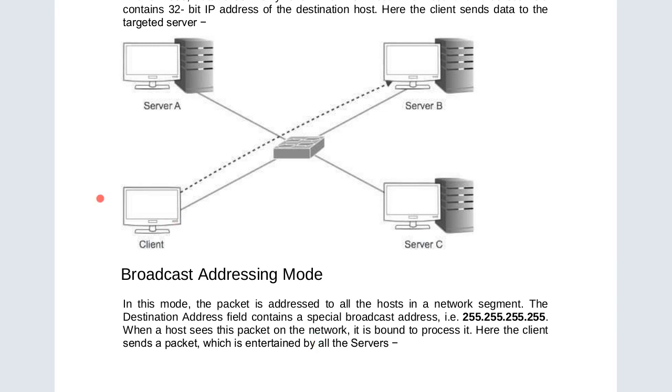Now, if this client machine wants to send a message to all the other machines on the network, this client machine will send a message that is called a broadcast message or a packet. The message traveling on the network, we're going to call it a packet.